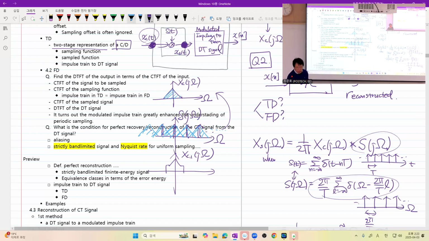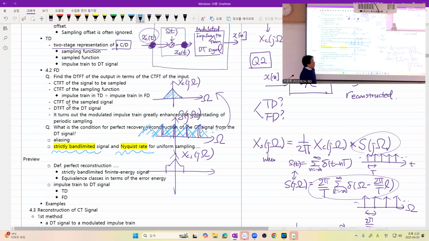As you learned in signals and systems and in the last class meeting, this is one condition. Suppose the signal is strictly band limited. What does that mean? If you draw the Fourier transform, after some cutoff frequencies, usually plus and minus capital omega sub c, the CTFT is zero valued.